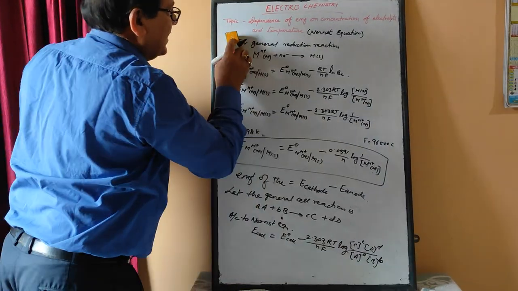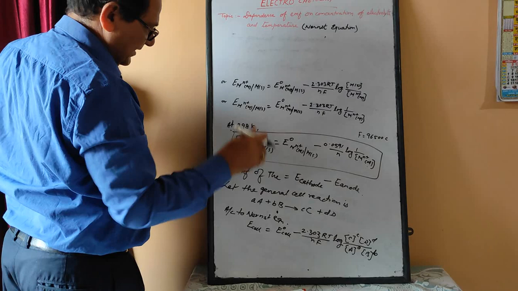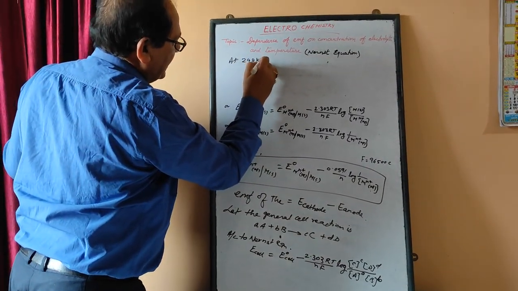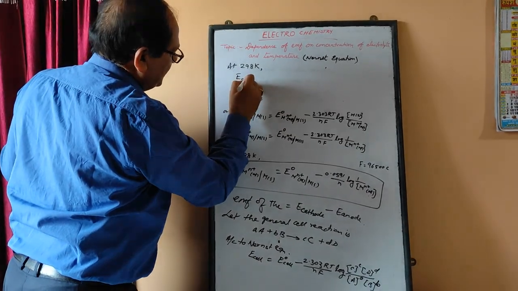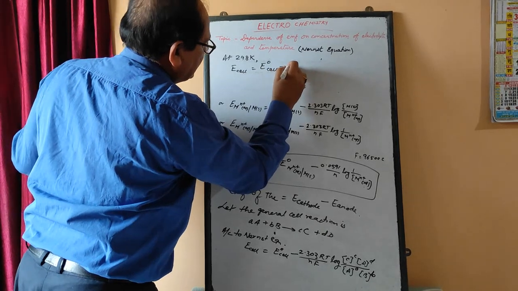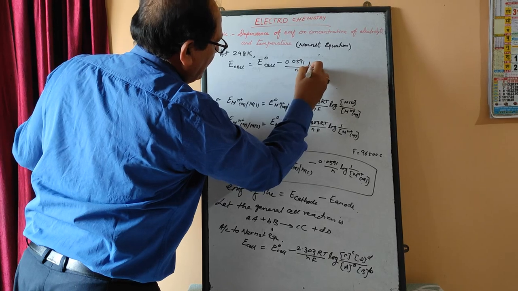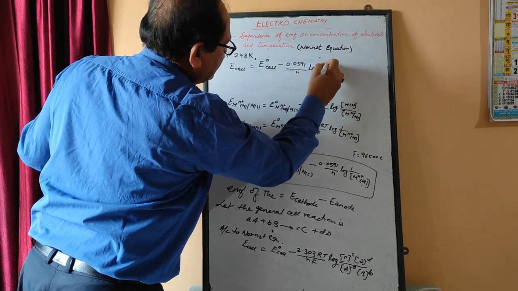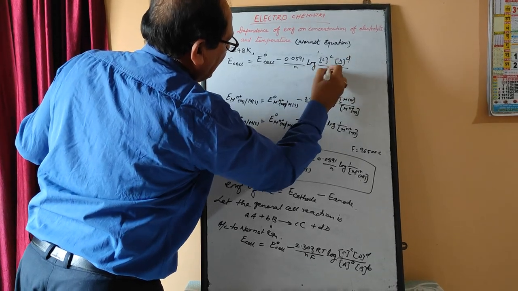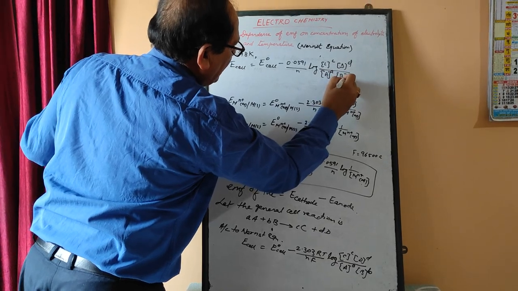Now, at 298 Kelvin, E cell is equal to E naught cell minus 0.0591 by n log of C power c, D power d divided by A power a, B power b.